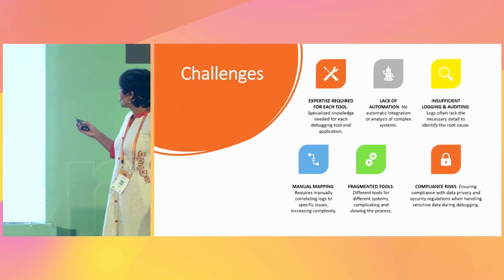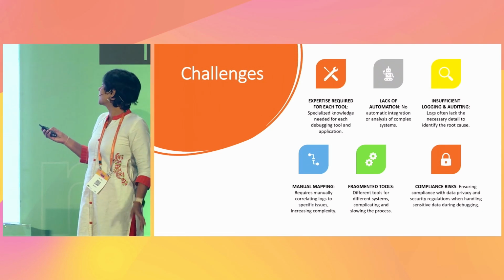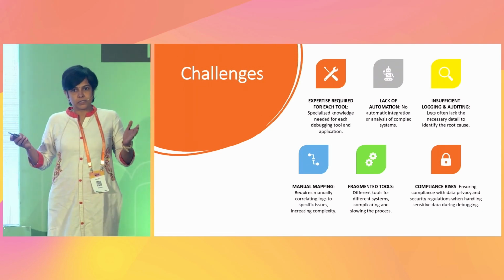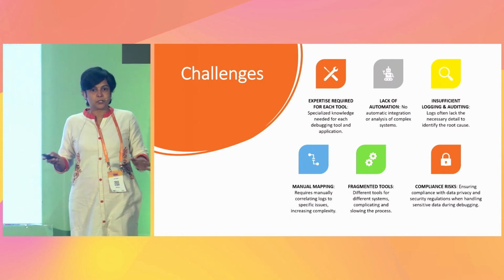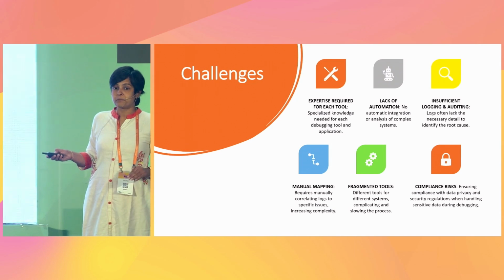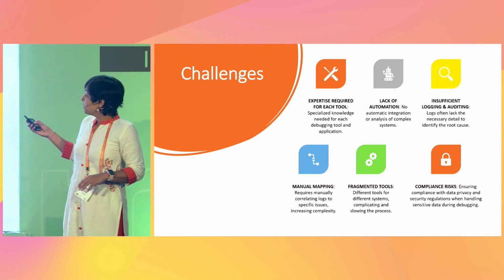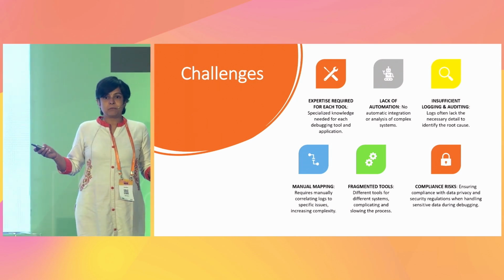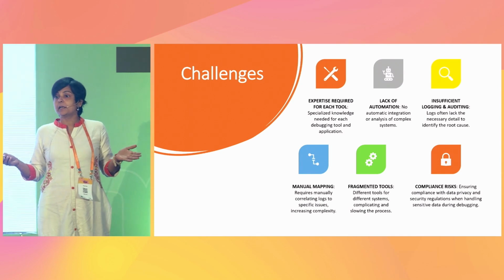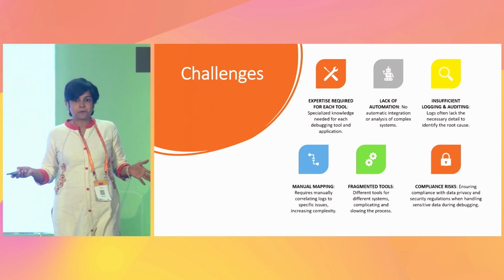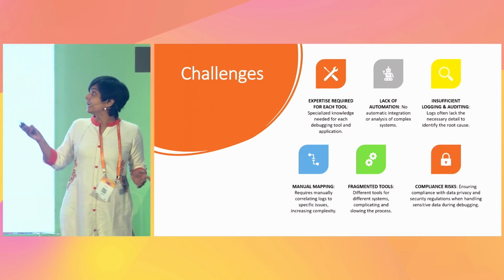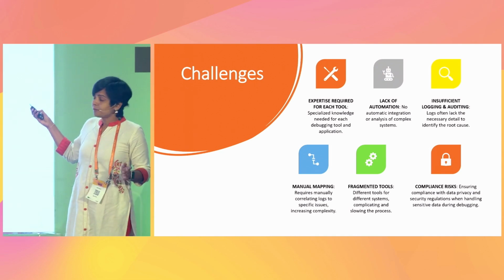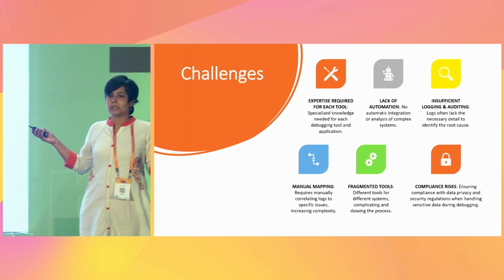So we have to make sure that security is the foremost thing. And okay, you now got the data from the customer after making sure no sensitive data is shared. Then for each application, the debugging tools are different. And for each separate platform, a separate debugging tool, you need expertise. And of course, as we know, no automation is possible.